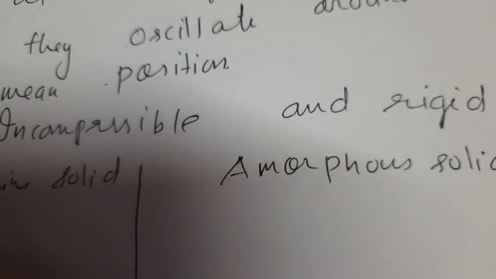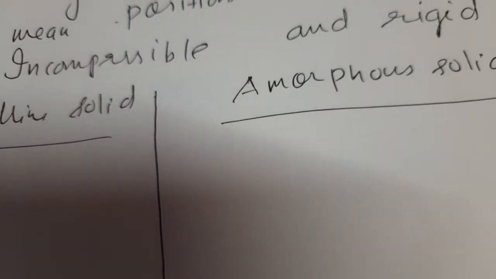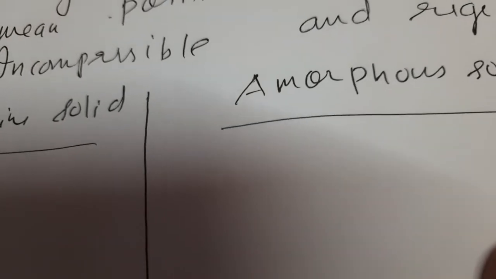So what is the difference between crystalline solid and amorphous solid? They have definite characteristic geometrical shape, and amorphous has irregular shape. Okay, if I give you the example, you will be more clear.